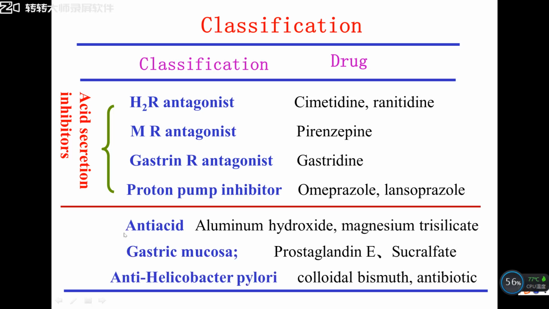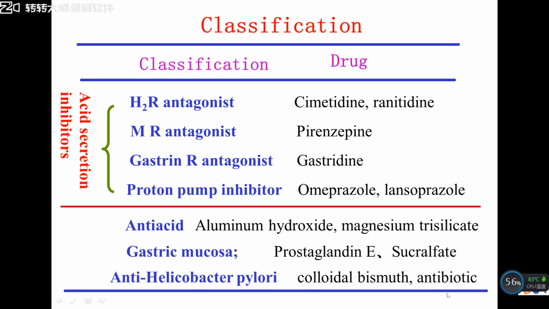The second kind, antacid, the most widely used is aluminum hydroxide. The third kind, gastric mucosa protector, such as bismuth. The last kind, inhibit or kill bacteria.